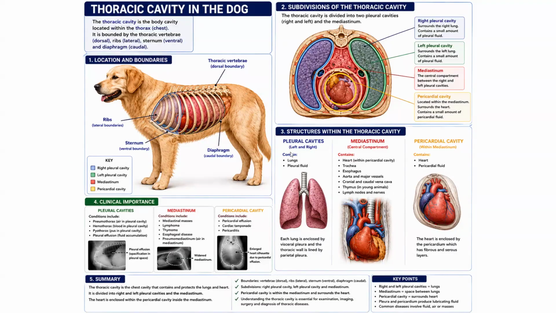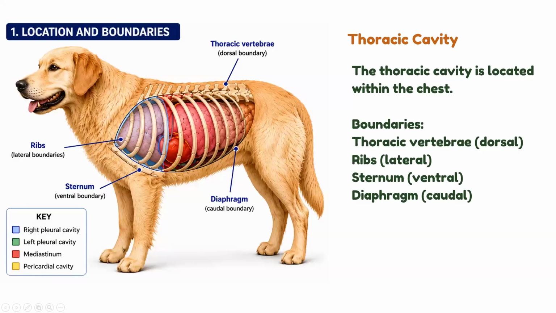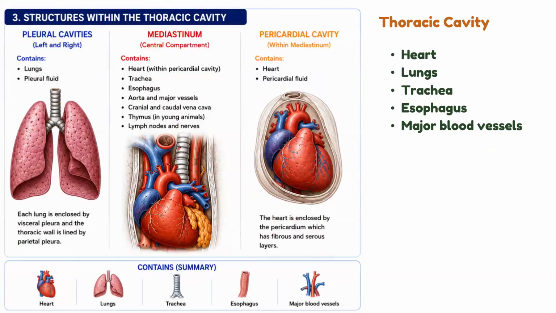Now, the thoracic cavity is divided. I will go back to this image. The thoracic cavity is within the chest, with the boundaries: the thoracic vertebrae, the ribs, the sternum, and the diaphragm. But then the thoracic cavity contains a whole lot of important structures.